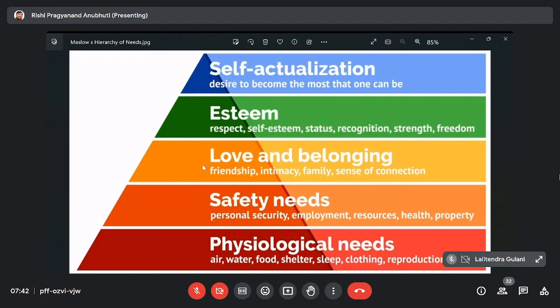After that has been achieved relatively, by the way, I'm not saying one ends and the other one starts. All are running in parallel, but I'm saying the hierarchy of needs means which supersedes the other. If somebody is hungry and doesn't have any food to eat, then that need has to be met first before that person is looking for family, intimacy and friendship.